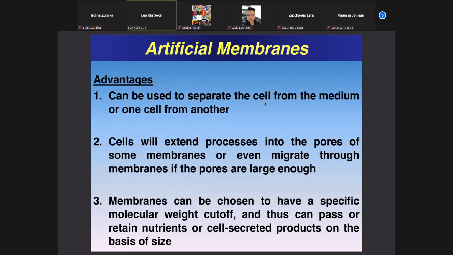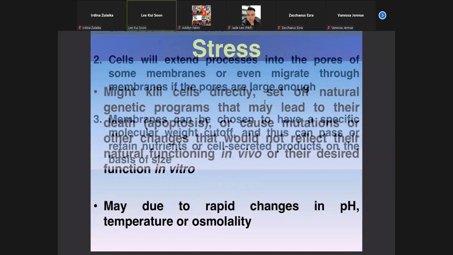Secondly, the cell will extend processes into the pores of some of the membranes, and even migrate through the membrane if the pores are large enough. And the membrane can be chosen to have a specific molecular weight cutoff, and thus can pass or retain the nutrients or the cell-secreted products on the basis of size. These are some of the benefits of using artificial membranes.